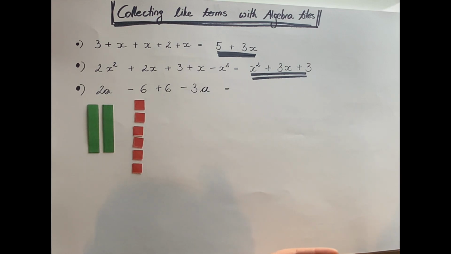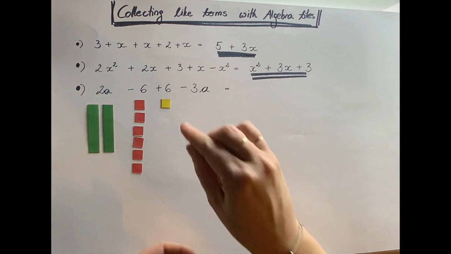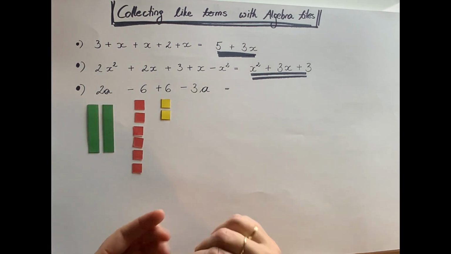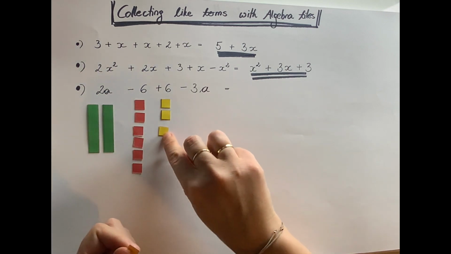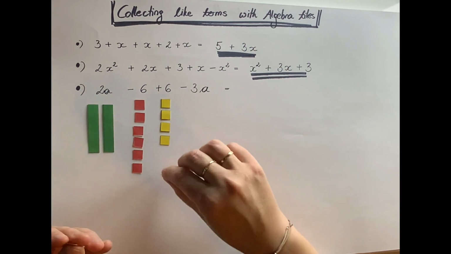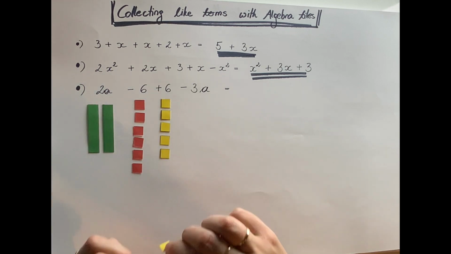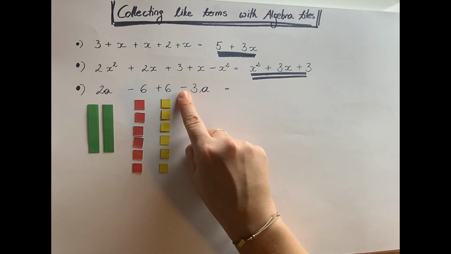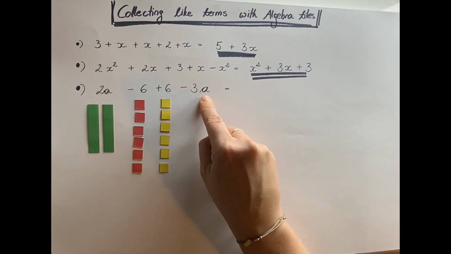Then we have plus 6. So we need 6 of those yellow ones. 6 units here. 1, 2, 3, 4, 5, and 6. And then here it says minus 3a.